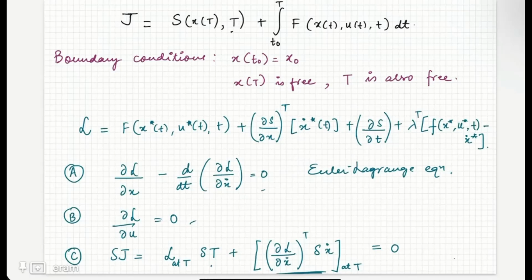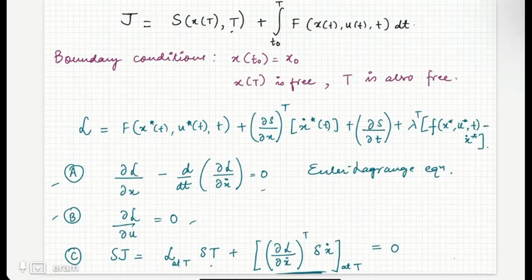Alright, when the final time is also fixed, then x dot can also be fixed using the system equation, and in that case this delta x dot will also be 0. So this whole thing goes away, and the only conditions we need to solve are these two equations. That depends on what boundary conditions are given to us.